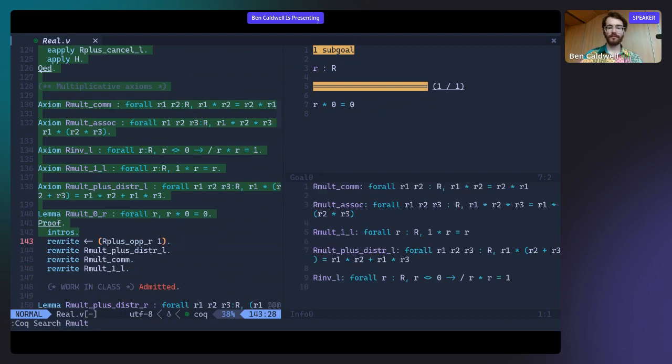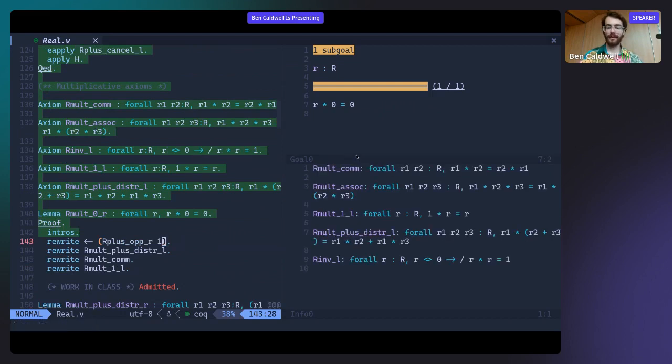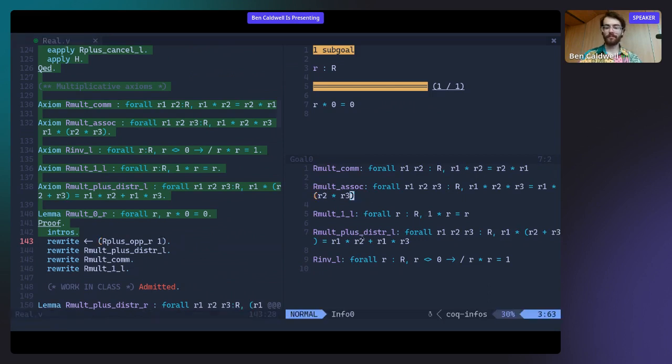Whenever we run into trouble, it's often useful to think about searching. Let's see what we actually know about multiplication. So we do have something that can relate r and 1. We have something there.